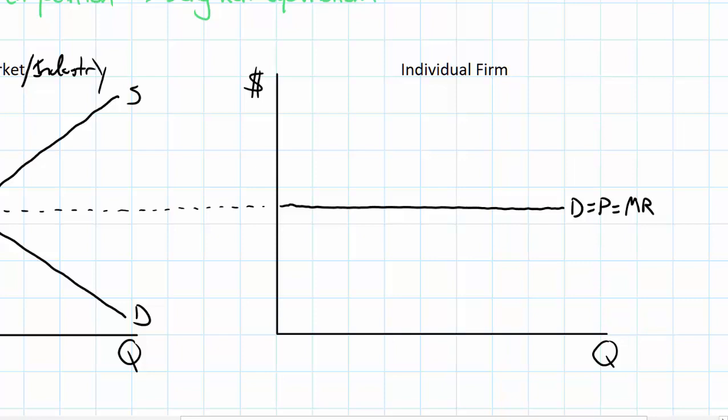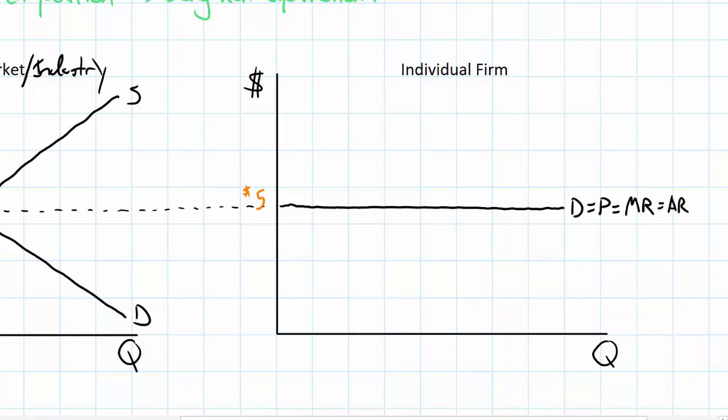And again, if they're going to sell an additional unit, it's going to be that much more for their total revenue. So if the good, let's say, is $5, if I sell one more unit, it's $5 more of total revenue. If I sell two more units, it's $10 more of total revenue. So that's why the marginal revenue is the same as the price, and it's also why the average revenue is the same as the price.